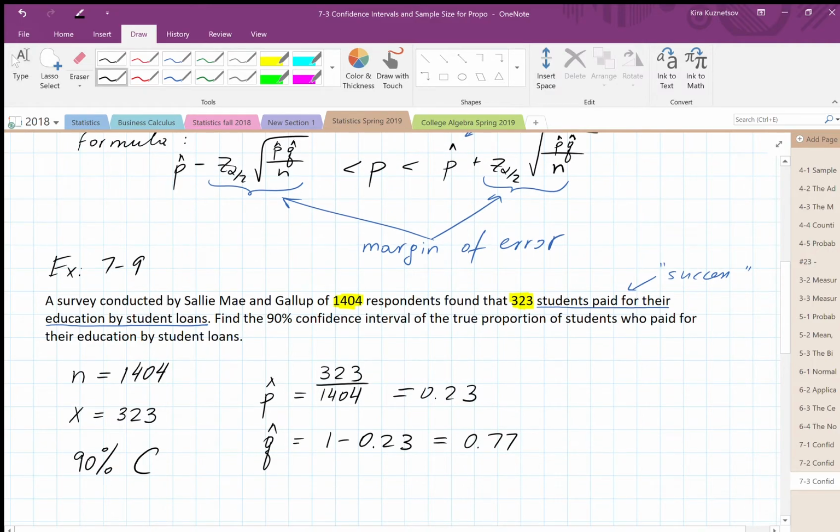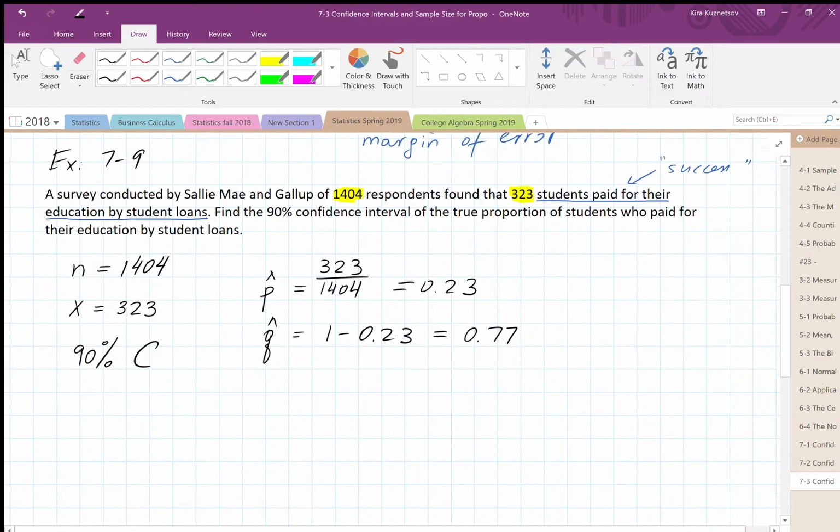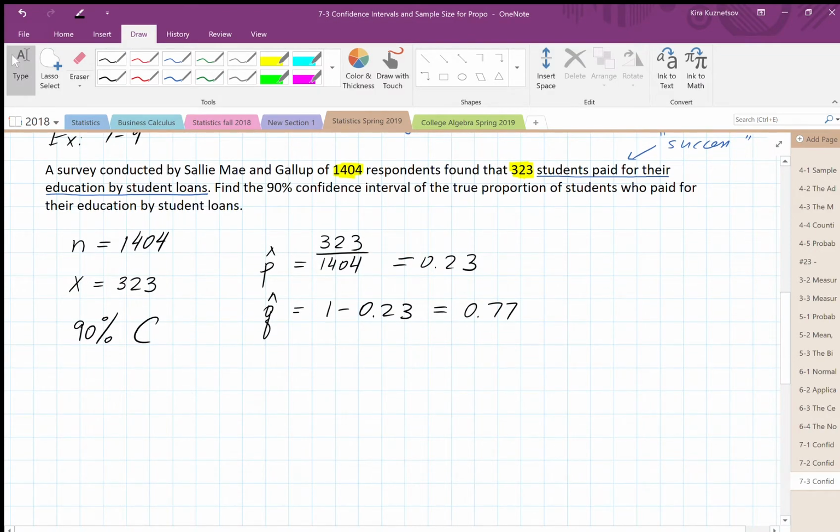In order to find the z alpha over 2, you can look up the inverse norm of the middle 90%. Or we can actually go into stat, go over to tests. What you need is a button that's called 1-proportion z interval.